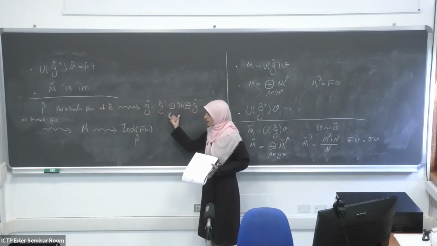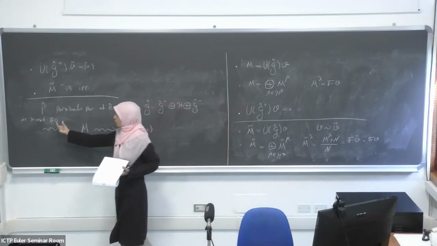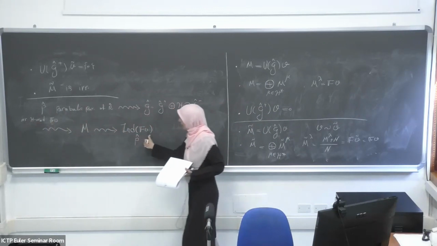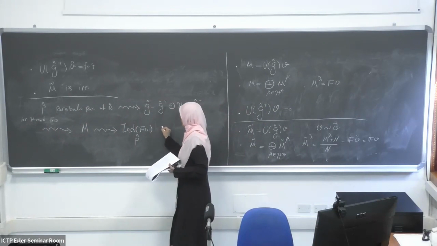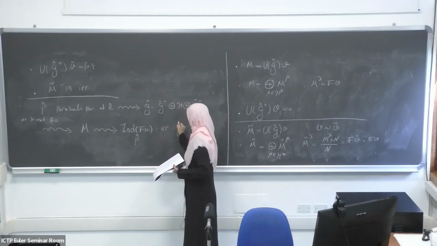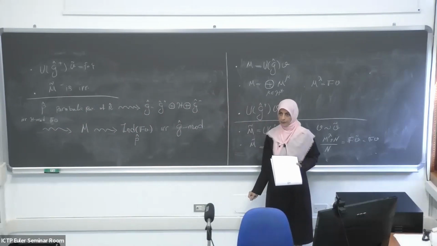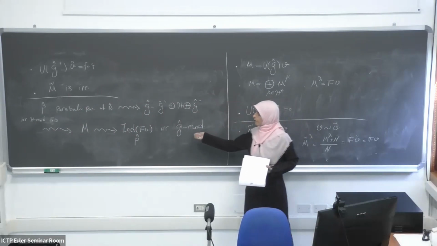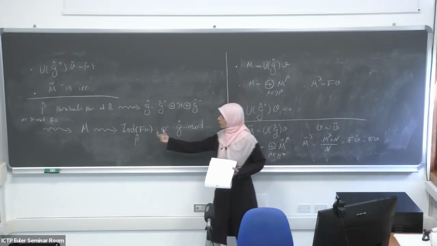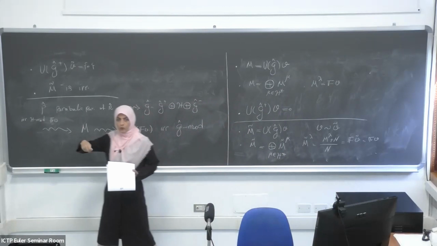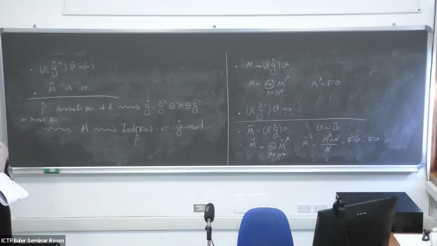Then you start with an irreducible H module, and finally you get an irreducible G hat module. Right? And I showed you exactly how we can construct it.